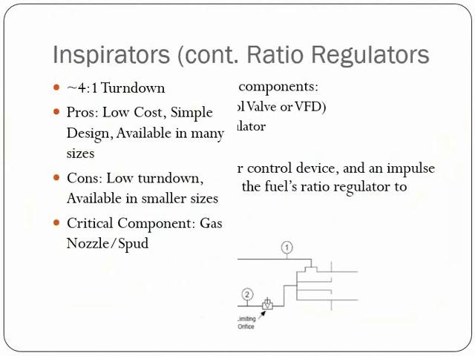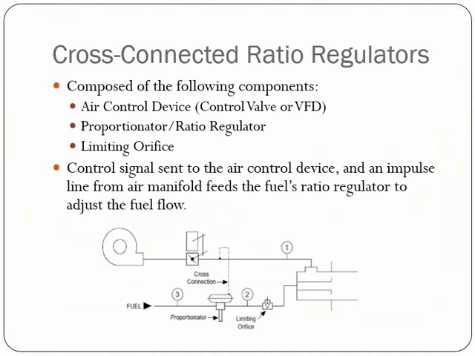The next method of air-fuel ratio control is cross-connected ratio regulators. These are going to be a lot more common in the combustion world. There are a couple of different components that make up a cross-connected ratio regulator. We have an air control device, which is the first component.